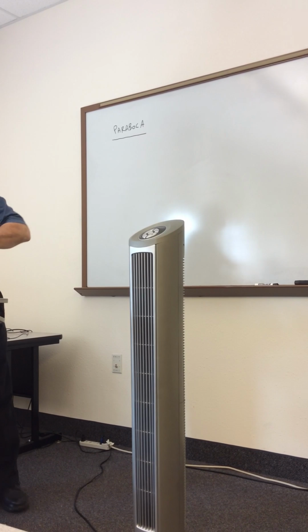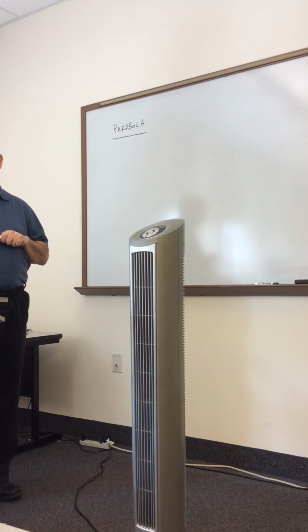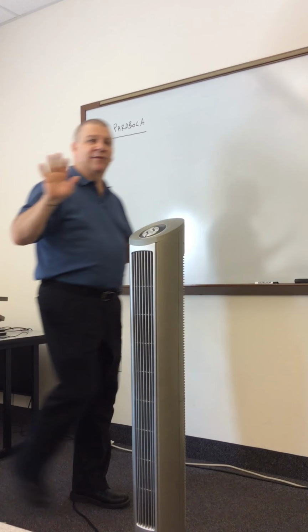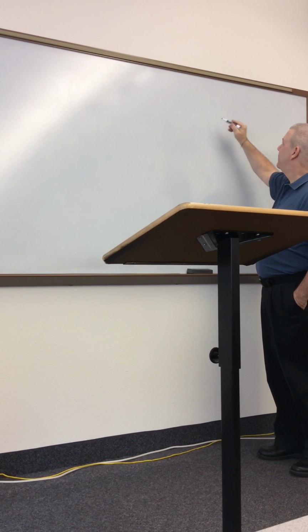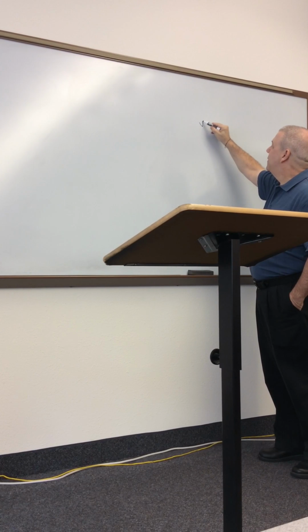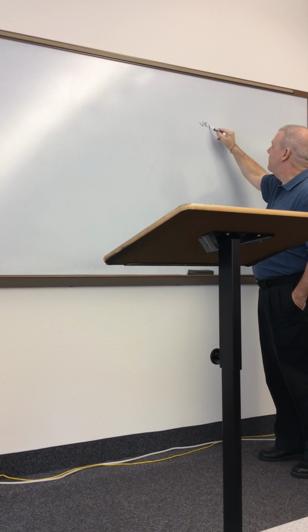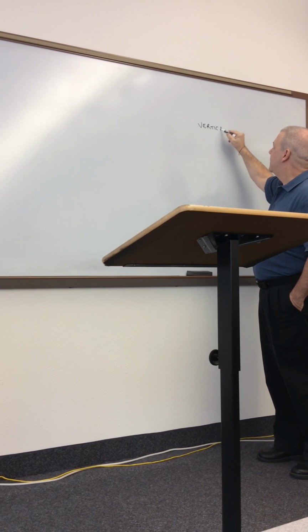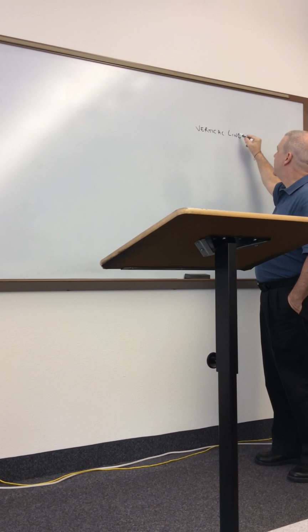Now, I guess before we even get into the curve part, in your notebook, you're going to need this. This is from freshman algebra, but you're going to need to mark this down.